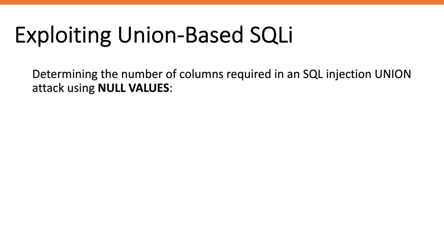You could also figure out the number of columns required in a SQL injection using null values. So again, let's take the example of a query that does select the title and the cost from the product table where ID is equal to 1. And then you say union select null, and then dash dash for a comment character.